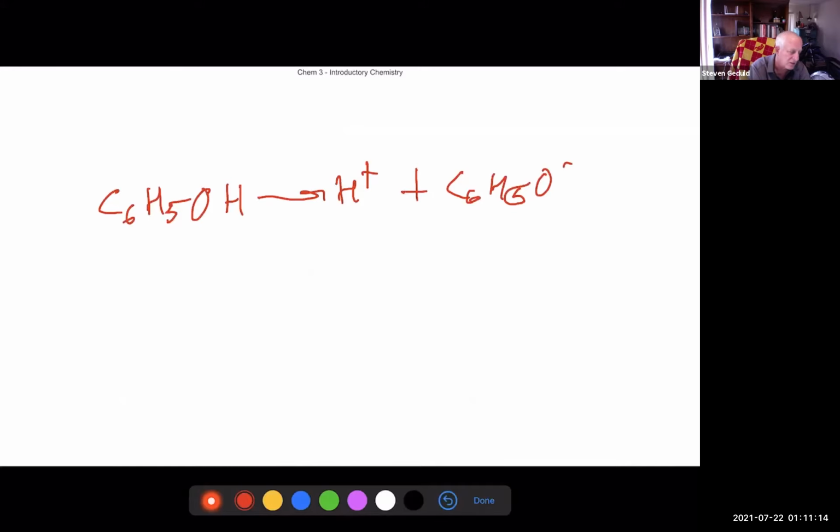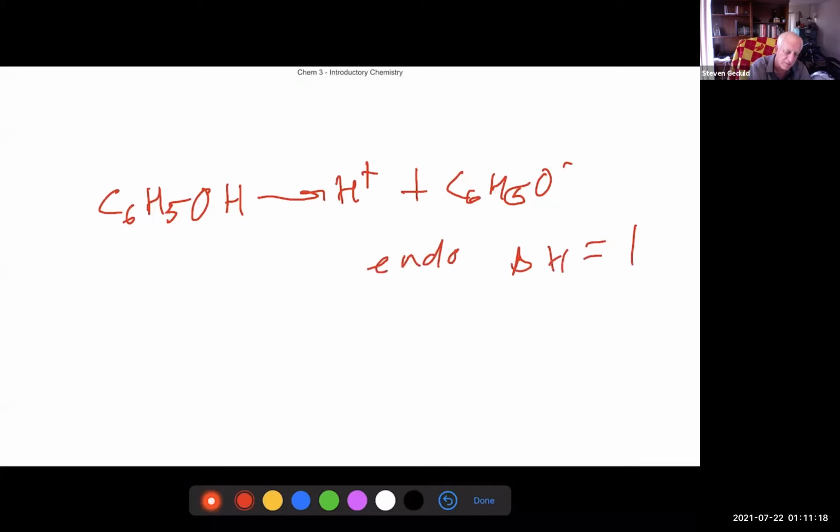If we said that reaction is endothermic, endothermic means delta H is going to be a positive value. It's going to take energy. An endothermic reaction, would it favor the reactants or the products? So it takes energy to go, the reactant is going to be favored.